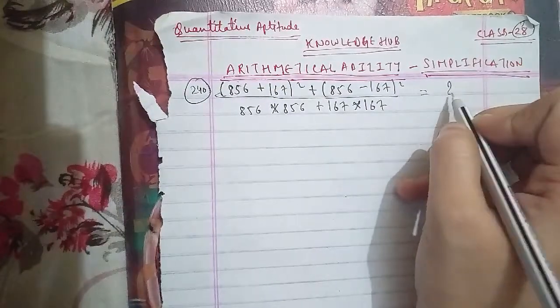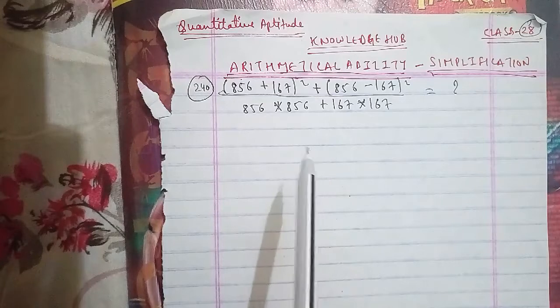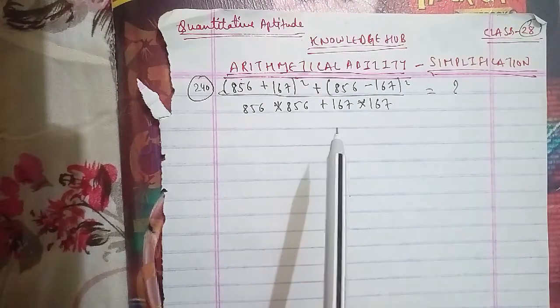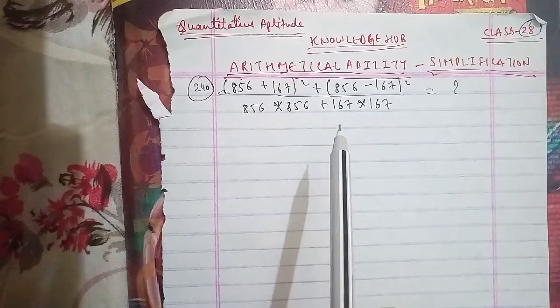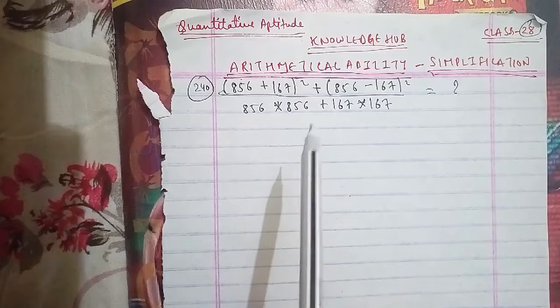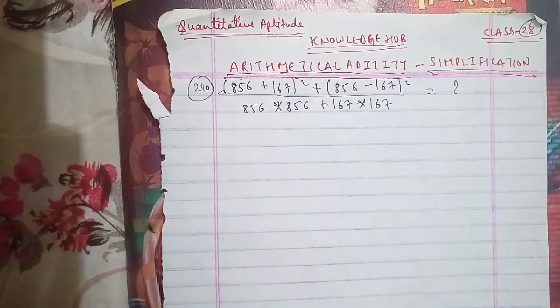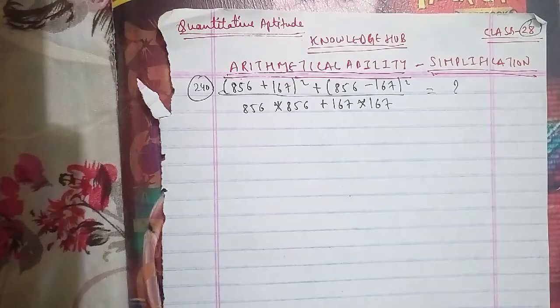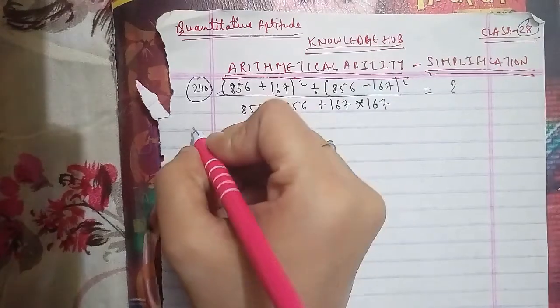The options for this are 1, 2, 689, 1023, and as I told you, we have to find the solution, which I always provide for each and every question here. But of course you have to try on your own side as well, so that you will know whether you are able to solve it or not. If you're not able to do it, then I will be providing the solution for this as well.